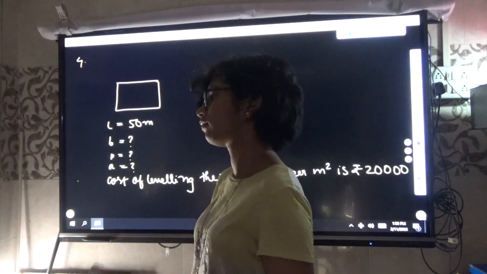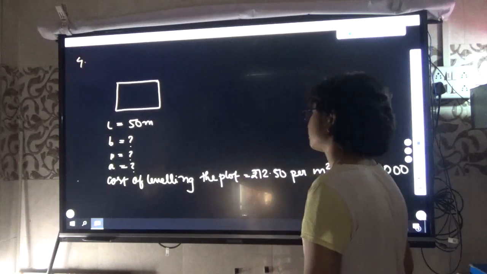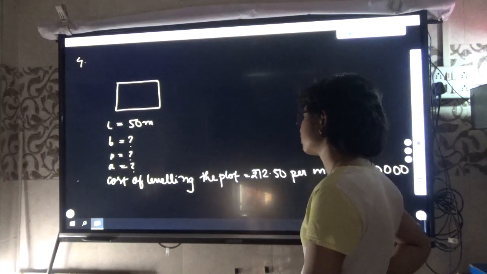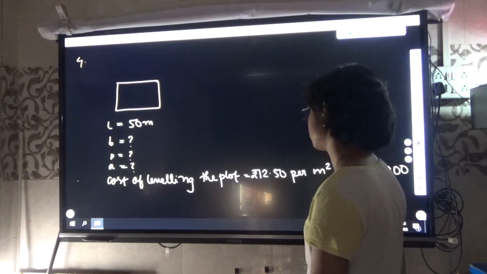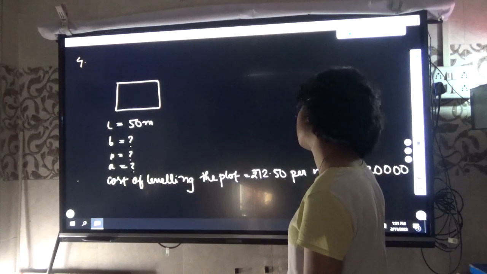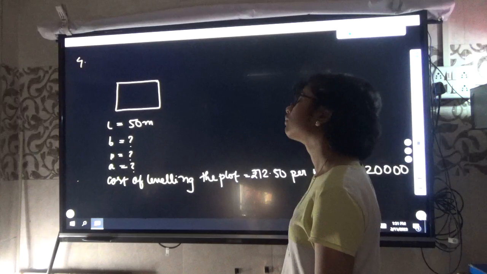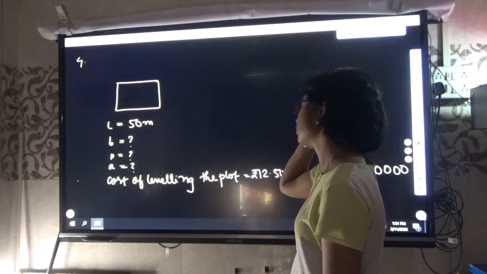So, it is a rectangular area, correct? It is a rectangular plot. So, the length of the plot is given, 50 meters. Now, suppose B is the breadth of the plot. Now, what will be the area of the plot?